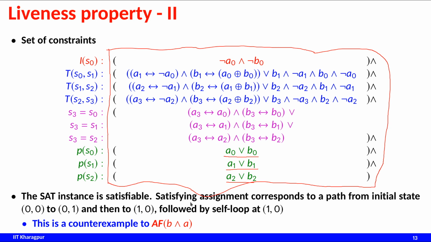Therefore the satisfying assignment corresponds to a path from the initial state to 0 1 and then to 1 0, followed by a self loop at 1 0. Since EGP is true and I have a satisfying assignment, I have a valid path that satisfies EGP, so therefore this is a counterexample for AF, and so this is not satisfiable.